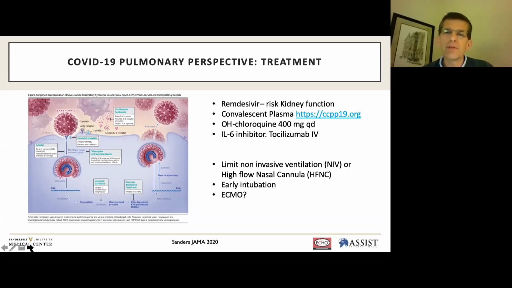Similarly, the newest data show interleukin 6 inhibitors are promising. This inhibitor doesn't target the virus itself, but however, it targets the extensive inflammatory response associated with the virus. Remember that we are sometimes dealing with the treatment of different diseases induced by this virus.